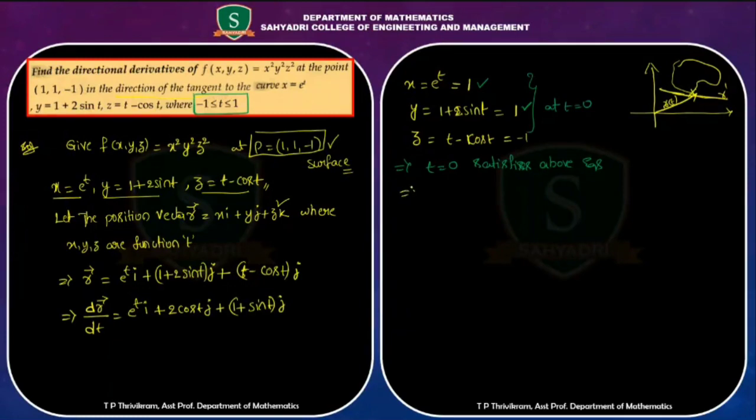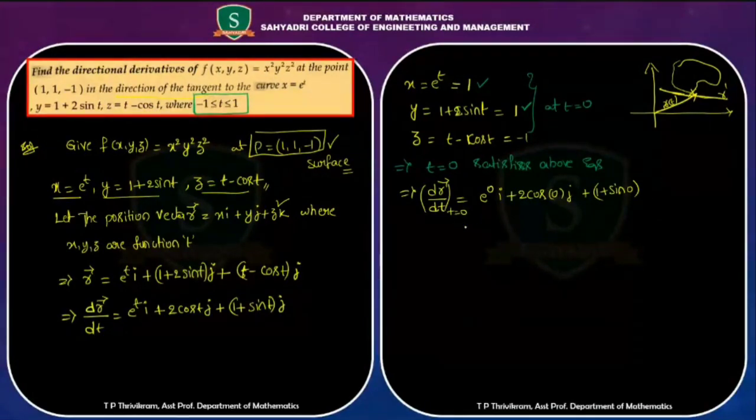So dr by dt will be how much? Just substitute t equal to 0 in this equation. So e power 0 i plus 2 cos 0 j plus 1 plus sin 0. Okay. So you are finding dr by dt at t equal to 0.